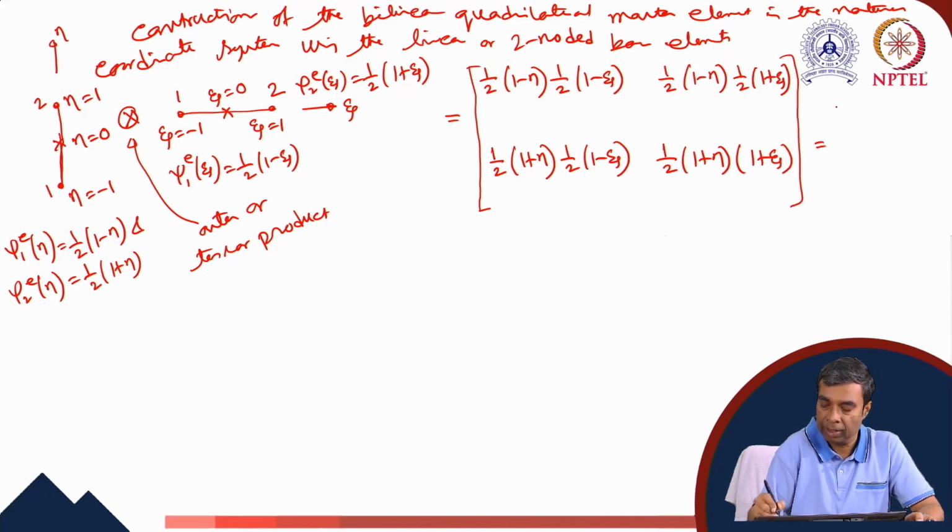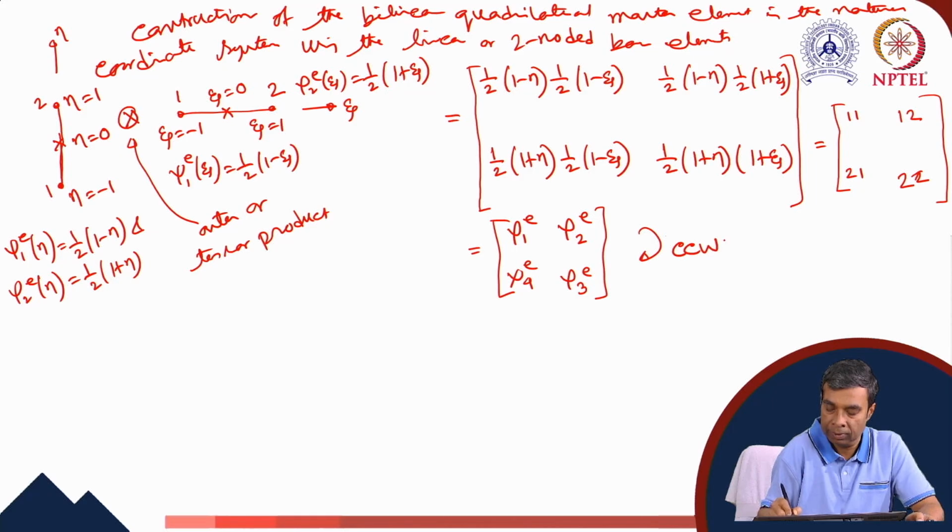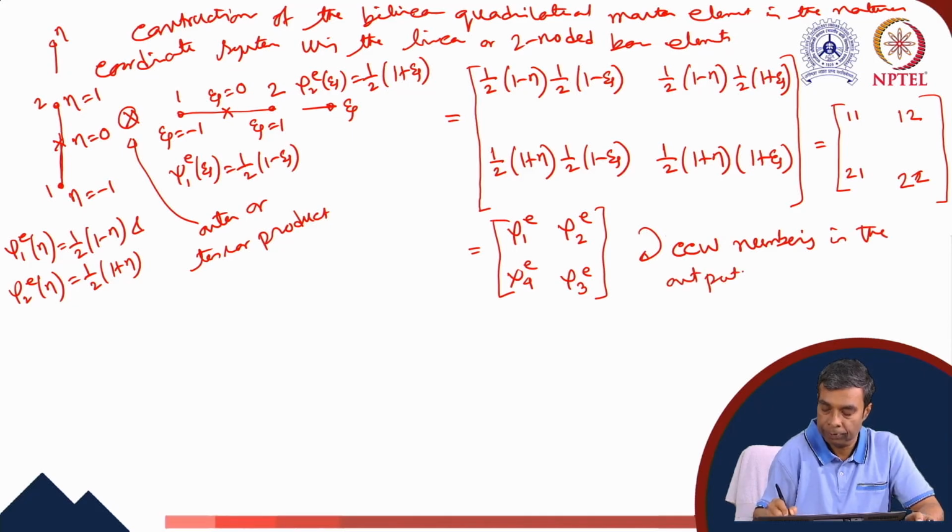So these terms, like the previous case, can be written as 11, 12, 21, 22. This can be written as psi 1 e, psi 2 e, psi 3 e, and psi 4 e. So this is the clockwise numbering in the output of the tensor product.